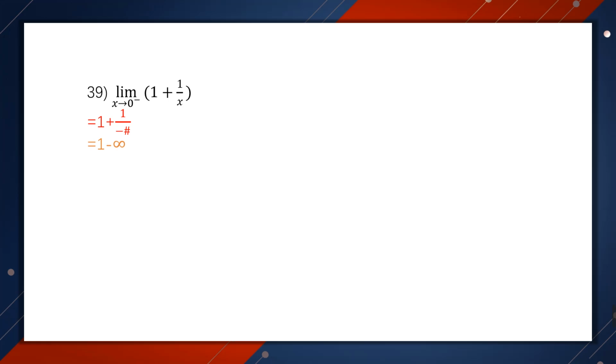So we finally get negative infinity, because in this case the number 1 is only a small part of the infinity. So 1 minus infinity does not change a lot. So the final result is negative infinity.